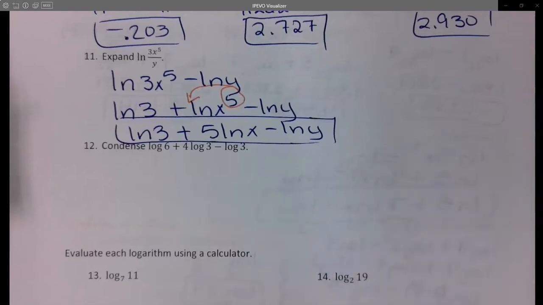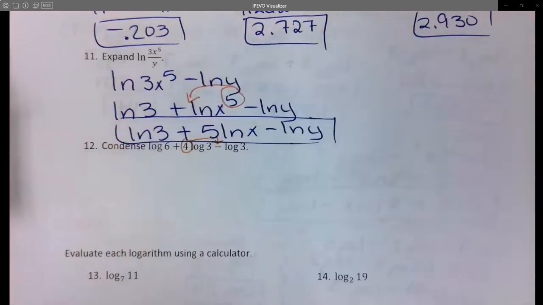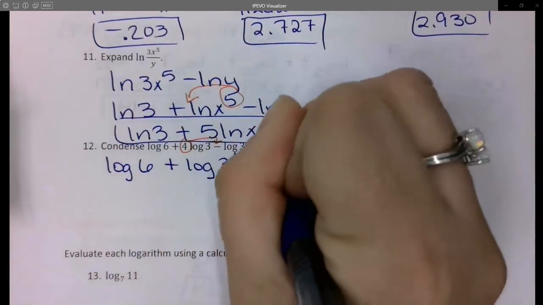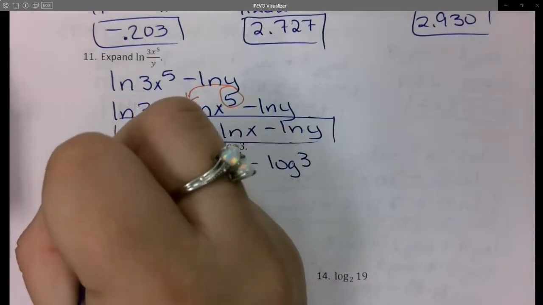Number 12 wants me to condense. So I always start with my numbers out front to turn back into exponents. So this is going to turn back into an exponent on that 3. Three to the 4th is 81.